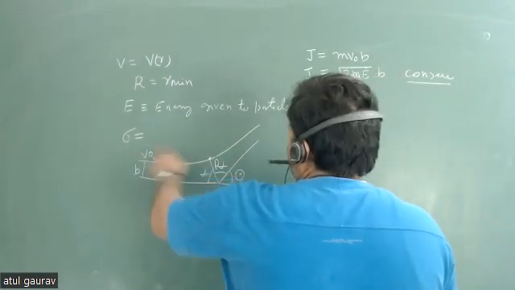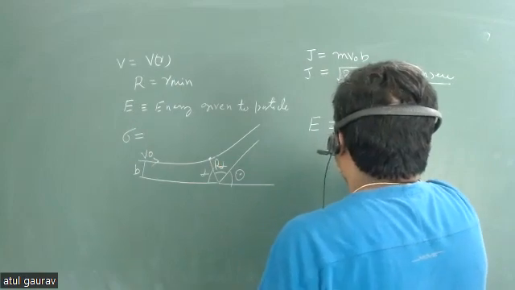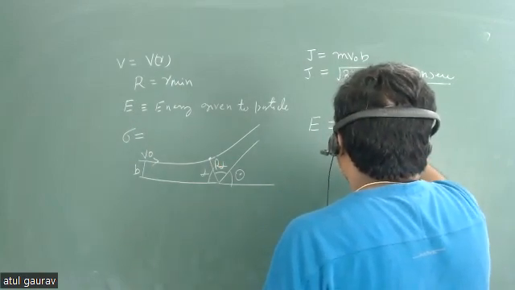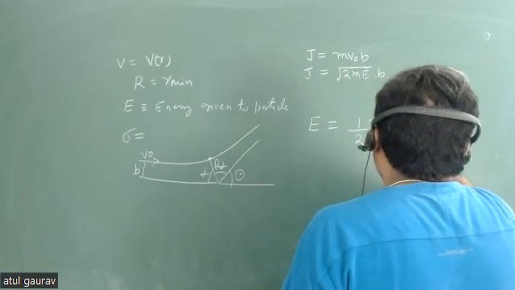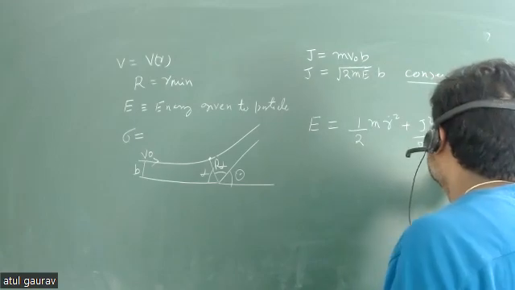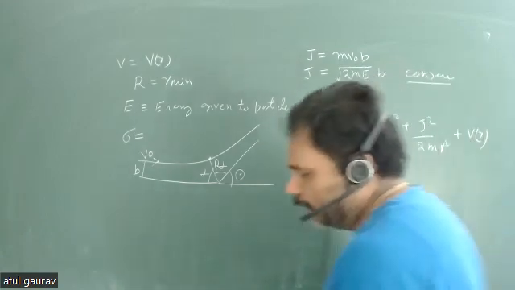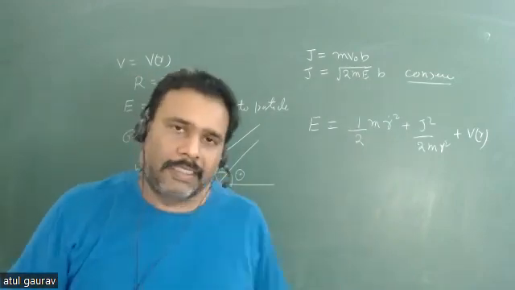What is the energy at this point? E, and this energy will conserve. किसी भी arbitrary point पर energy लिखोगे: m R dot square by 2 plus J square upon 2m R square plus V(R), यही तो होगा. This is your centrifugal term और rotational kinetic energy पता है हमें.